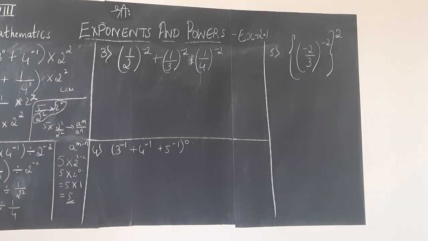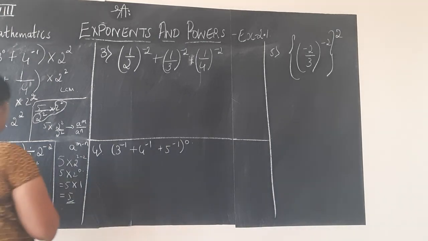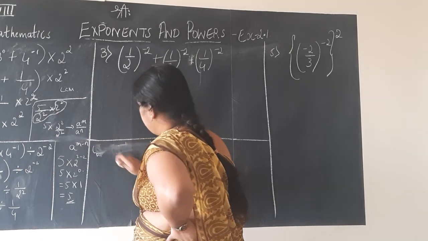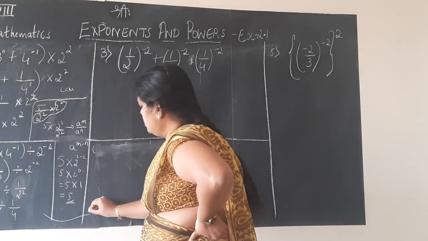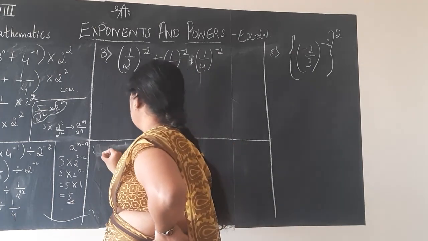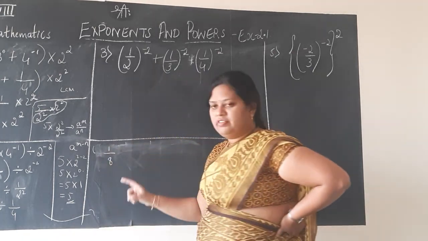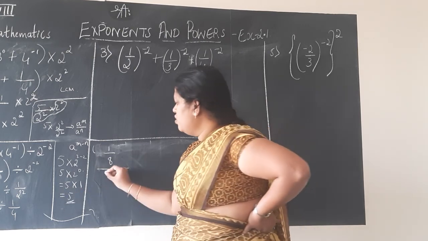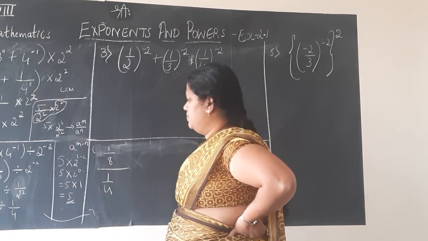Now I have no place. I will write here. For problem later we will see. This continuation is here. Now 1 by 8 I will write first term as it is. Whole thing divided by 1 by 4 there.